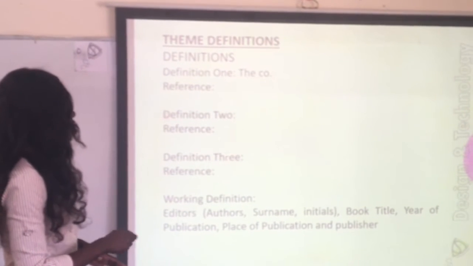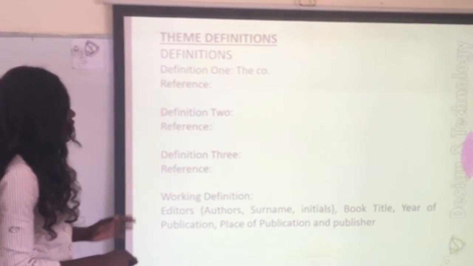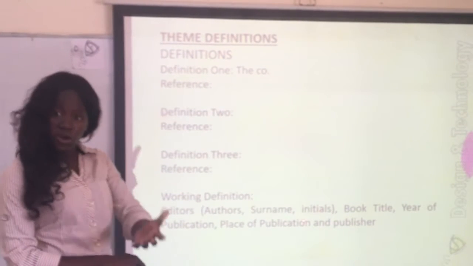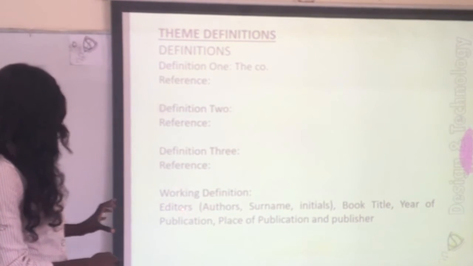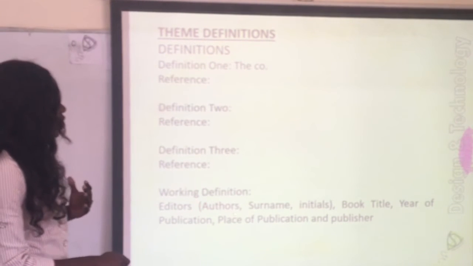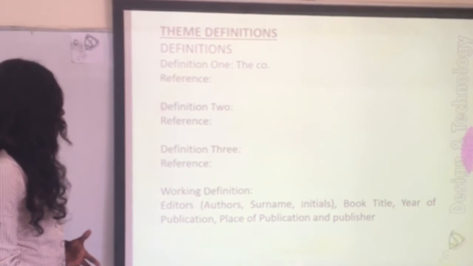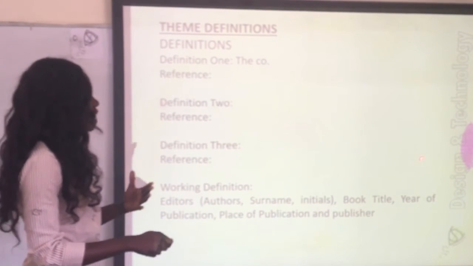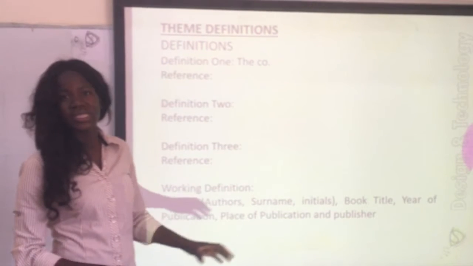The third one, define leisure and give a reference. Then a working definition. The working definition is your definition, what you understand by leisure. And as we give this, when giving the reference, we need to give the name of the author, the surname and the initial, the book title, year of publication, place of publication, and the publisher. I believe you've also done some part of this in English.